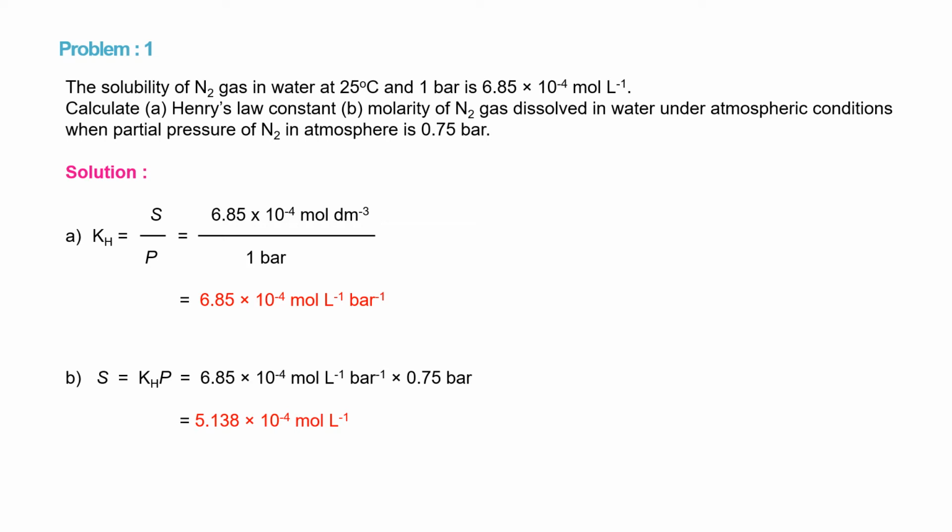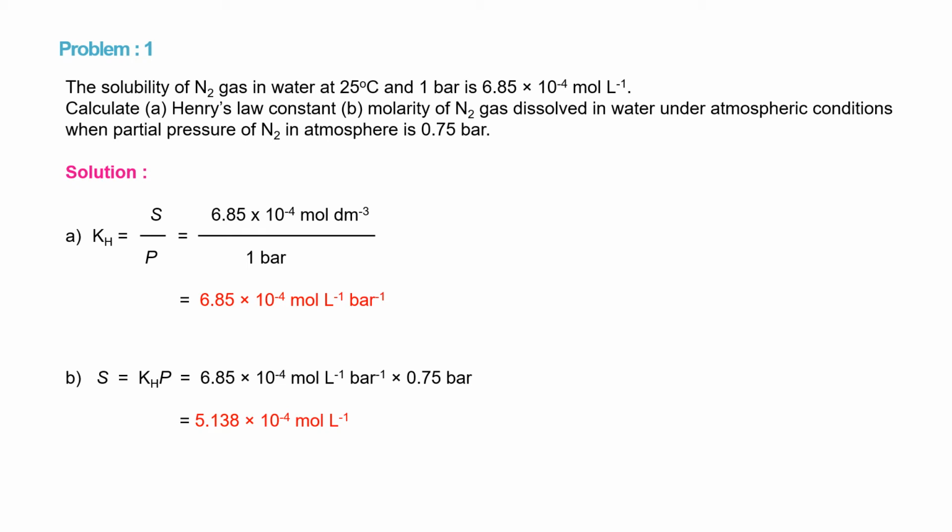So first of all, the question asks for Henry's law constant. Once you get the KH value, afterward you have to find the molarity of N2 gas dissolved in water, that is, the solubility of N2 gas in water under a pressure of 0.75 bar.